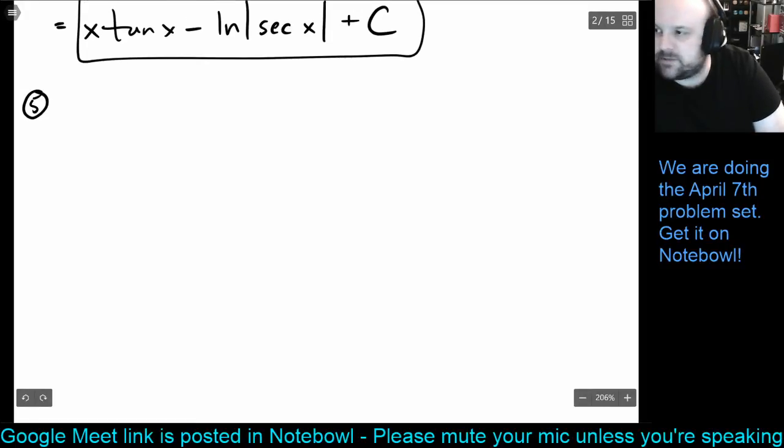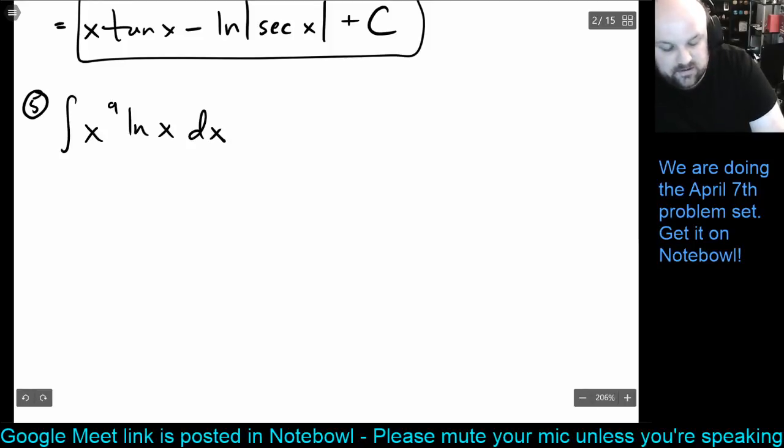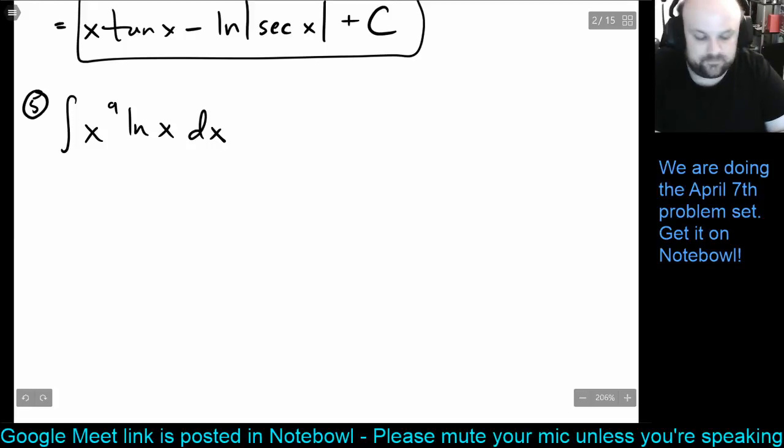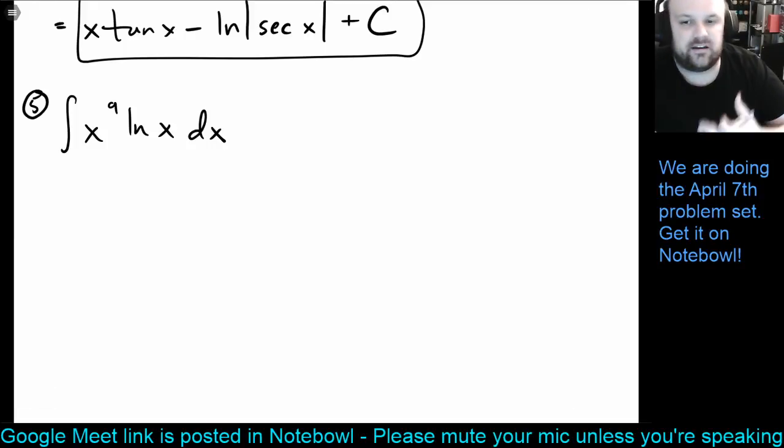If we look at the next one, x to the 9th ln of x. Again, think of what our different pieces are. We have an algebraic piece here with x to the 9th, and we have a logarithmic part with ln of x.